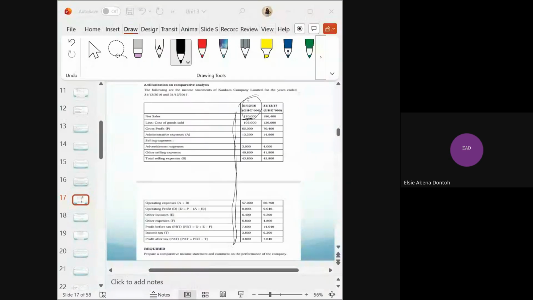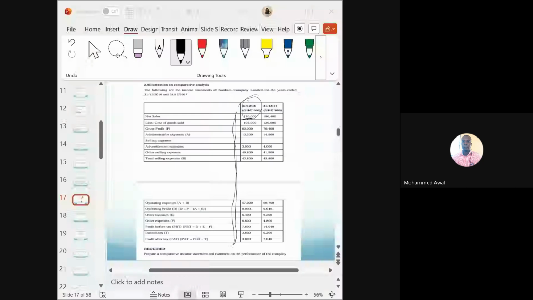I'm not calculating here, so I want you guys to calculate. What's the difference? 20,400. Is it an increase or a decrease? Ankara, is it an increase or a decrease? It has increased from the previous year.